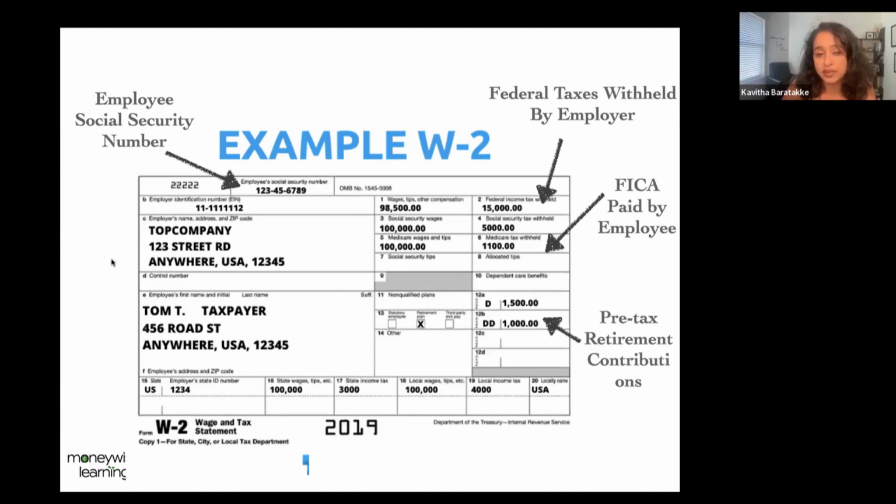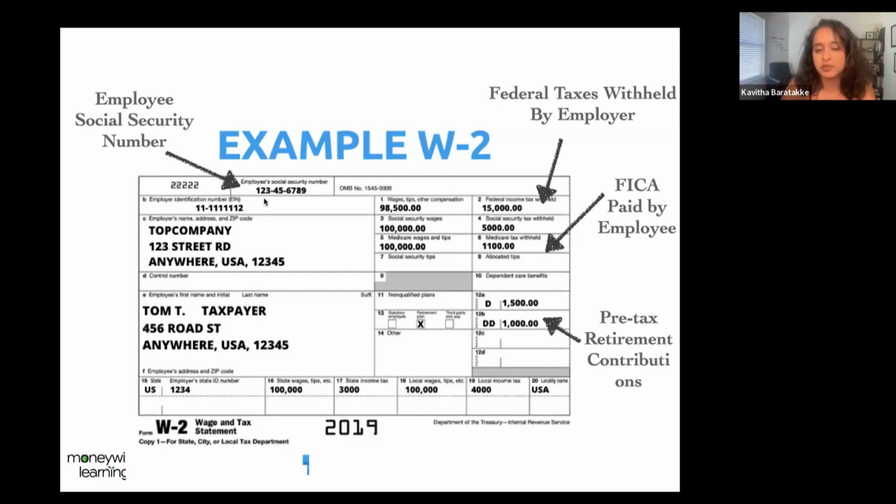You could also be working for someone with a company name. In which case it'll be an EIN, or employer identification number. Employer EIN is the employer number in this case. So let's say I'm a company and I'm employing people.